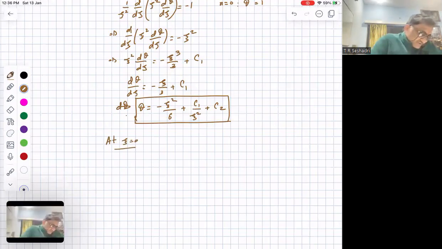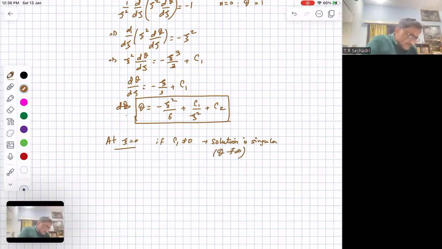At xi equal to 0, if C1 is not equal to 0, the solution is singular. That is, theta tends to plus or minus infinity. And hence, C1 has to be 0 to suppress this. And so I have theta is equal to C2 minus xi square by 6.